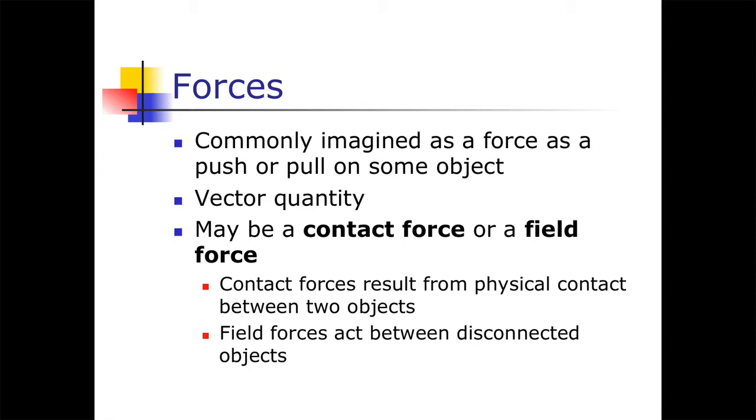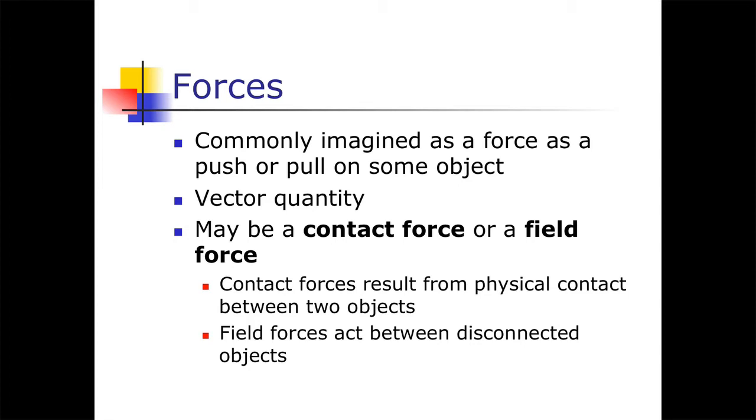A force can be a field force, for instance a magnetic force or a gravitational force. A field force is when there is no direct connection or contact between the two objects. If you bring two magnets close to each other, they push and pull each other, right? Earth's gravity is a field force.